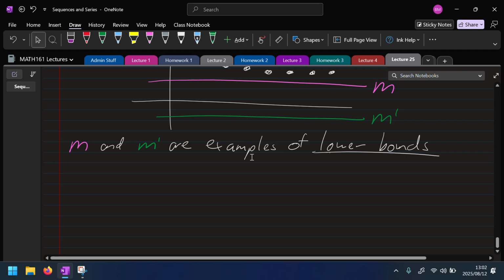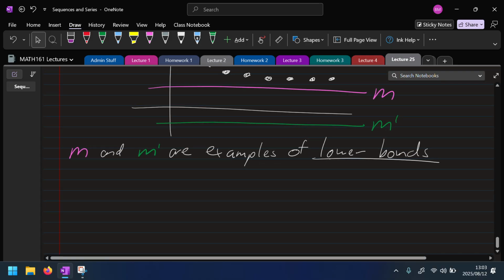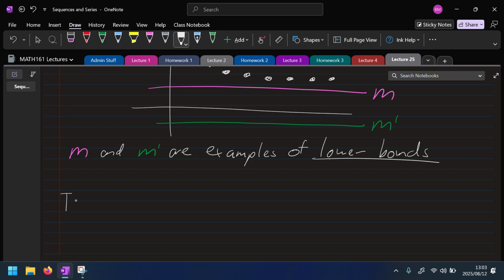If the sequence is bounded below and bounded above, then we say that it is bounded. Okay, and then we've got a last picture to go with that.